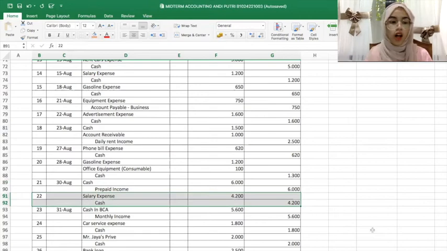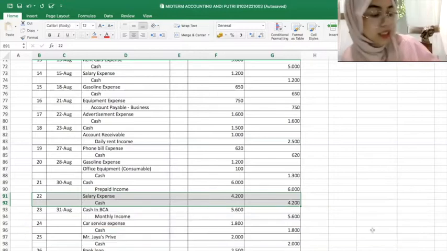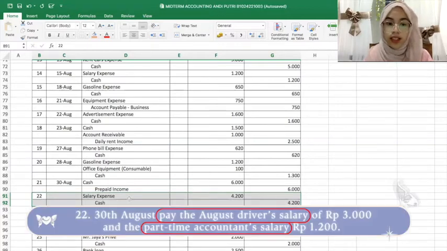So we receive prepaid income, which is on the credit side, and the cash is on the debit side because we received the money. For the 22nd transaction, on 30 August, they pay the August driver salary for 3,000 rupiah and the part-time accountant salary for 1,200 rupiah. So there is a salary expense and cash.